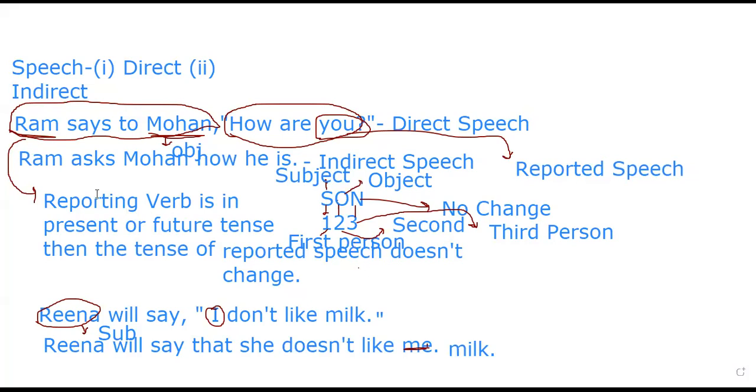And if the reporting verb is in past tense, then the tense of reported speech will change. If the reporting verb is in present or future tense, then the tense of reported speech doesn't change. Okay, is this clear to everyone?